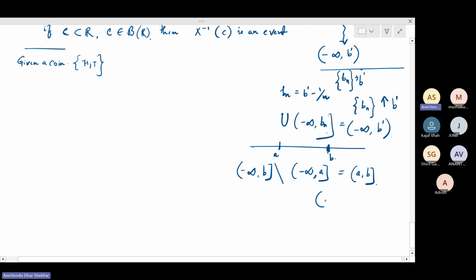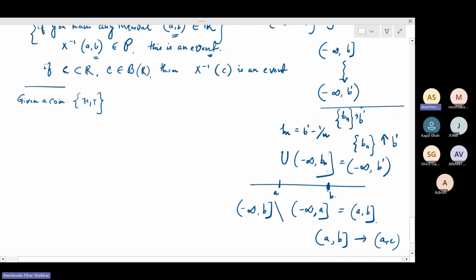Now you know that if you have a set of the form A comma B, you can get something of the form A comma C, right? By the above procedure. So that's how you basically do these things.